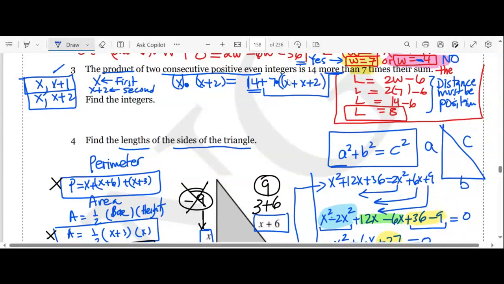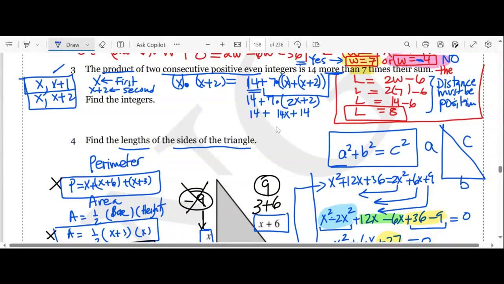So the first one is x, the second one is x plus 2. So first, let's add the terms inside the parentheses. You have how many x's? 2 x's plus 2, times what? 7. So multiply 7 inside, you get 14x plus 14.